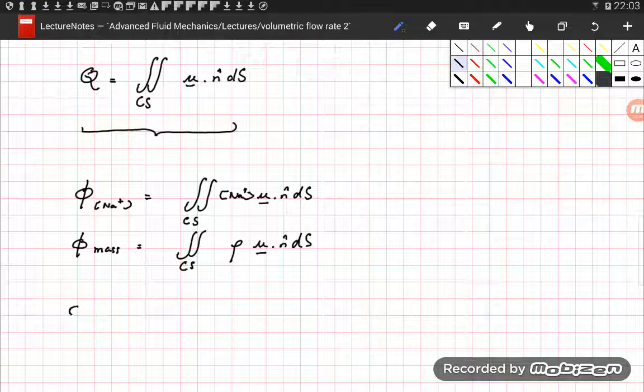If we think about the flux of momentum, then the flux of the momentum will be the double integral over the control surface of u dot n ds, which is how much volume of fluid passes through the small surface ds, times the momentum which is in this volume.